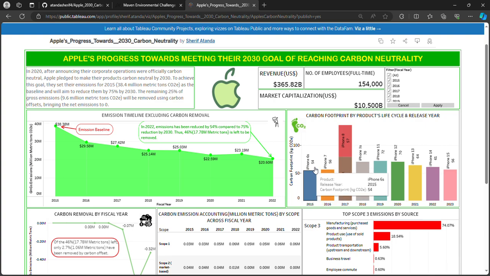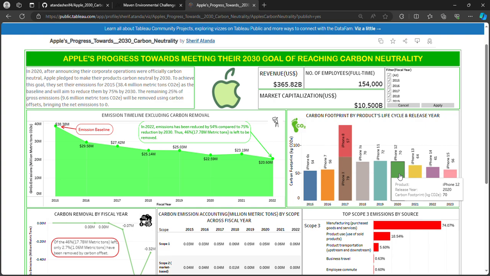So for iPhone 6s, the carbon footprint, this is the unit here, that is kilogram carbon dioxide equivalent. It was 54, it increased to 56. From 2020 also, just like the above, when I spoke about revenue, number of employees, and market capitalization, there has been a decrease.